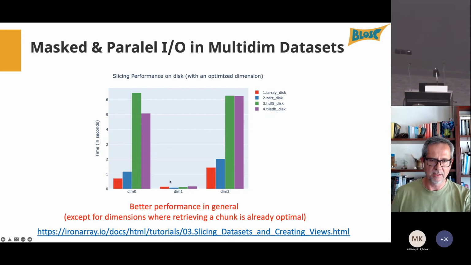In this case, dimension 1 means that Blosc2 doesn't have any advantage because the whole chunk needs to be retrieved, but still the overhead is not that bad. But for the other dimensions that are not optimized for the chunking, we can see that Blosc2 can get better performance than Zarr, for example, and much better than HDF5. You can see this benchmark here in this URL.